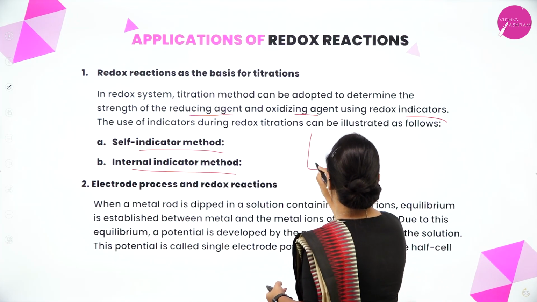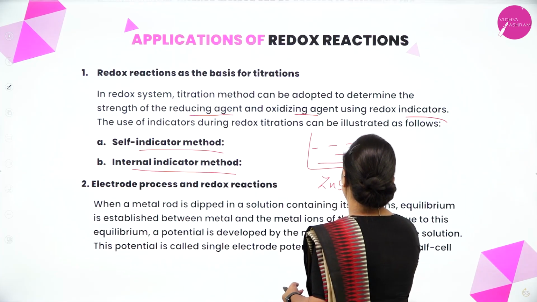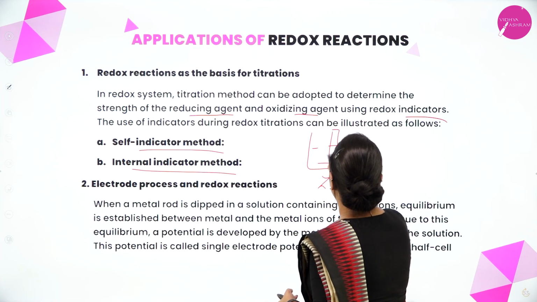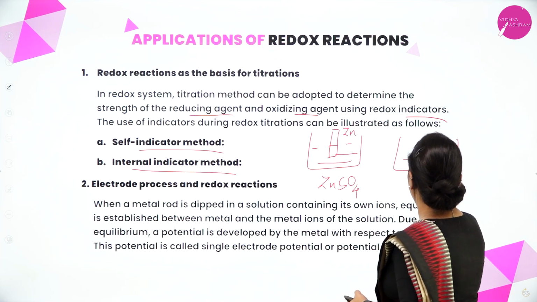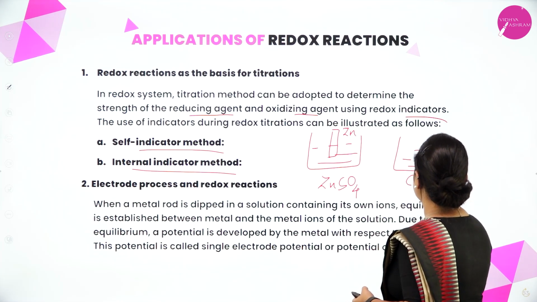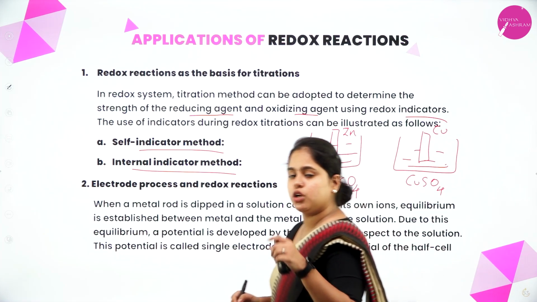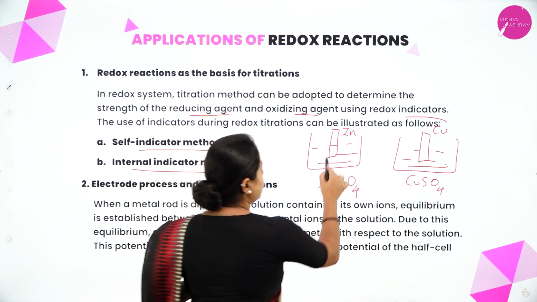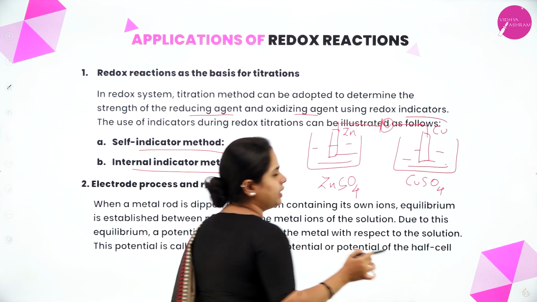So what does this mean? For example, let's take a half cell, that is zinc sulfate electrolyte we have taken, and a zinc rod is dipped here, and on the other half cell you have copper sulfate electrolyte into which a copper rod is dipped, and now we can connect it through a wire and attach a voltmeter.